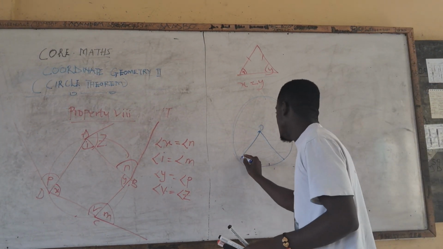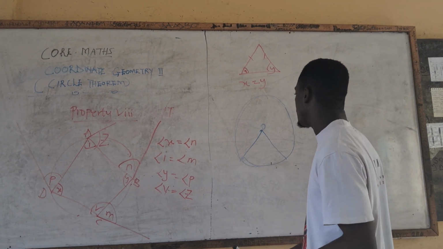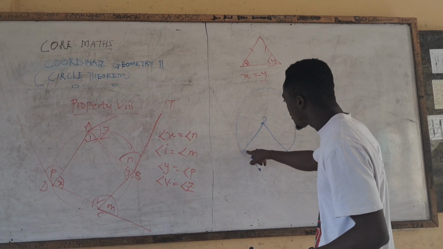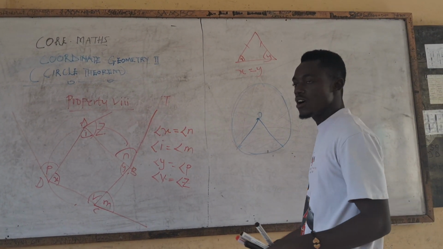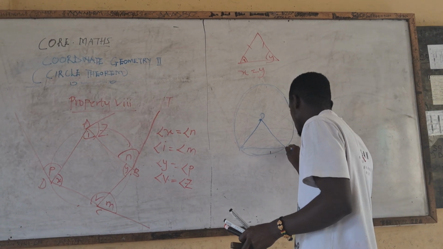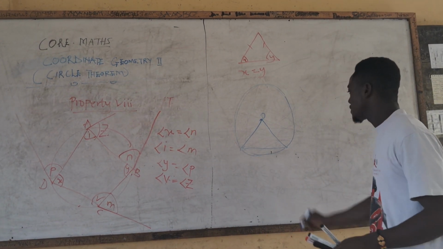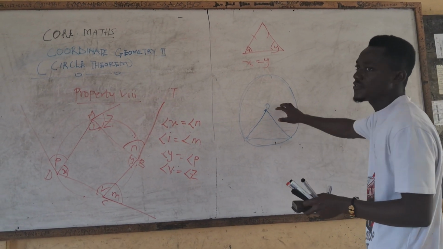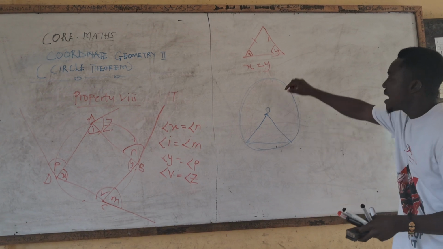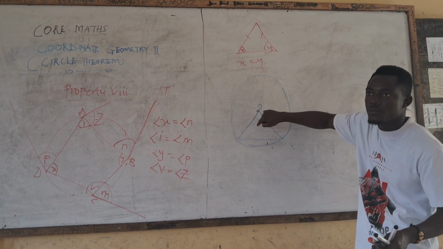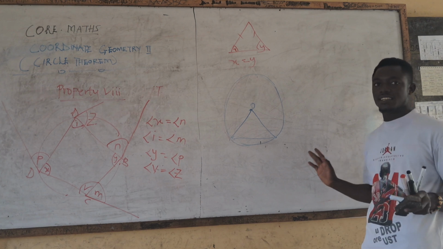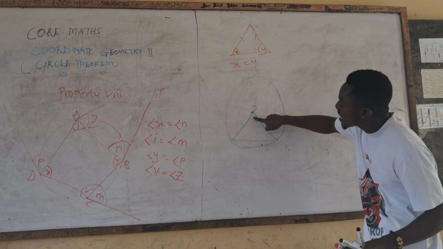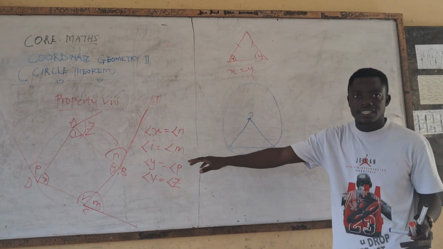So if these radii are formed by, let's say, this is an arc, meaning the angles formed on those arcs are equal. Or you can set aside the chord. Sometimes the question won't specify for you that this one is a radius, but since you know that these lines are moving from the center to any part of the circle, you should know by yourself that from the center of the circle to any part of the circle is a radius.